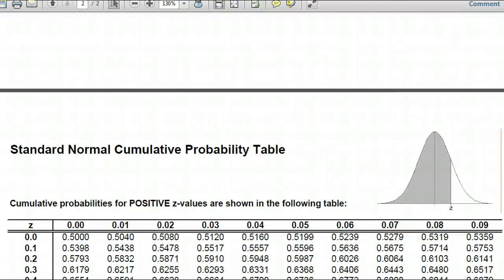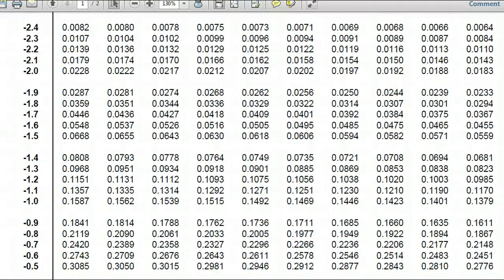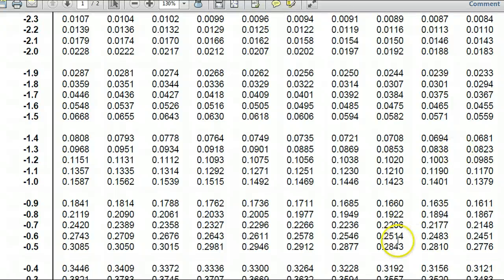Okay, I see 0.25. Got to it pretty fast here. It's going to be somewhere between these two values, because 0.2483 is below, and 0.2514 is a little bit above.